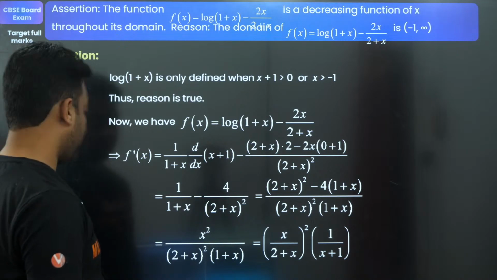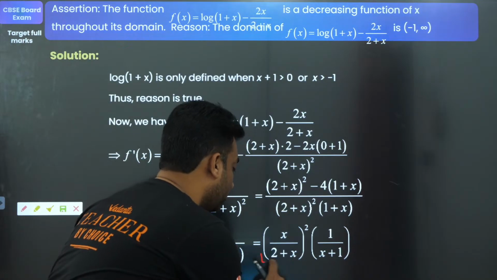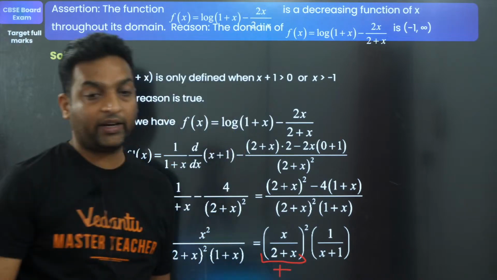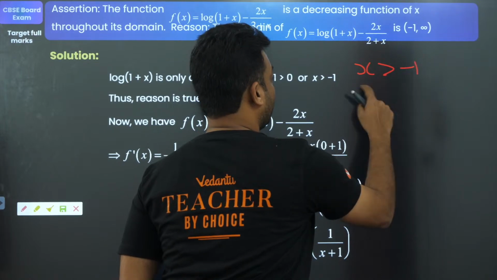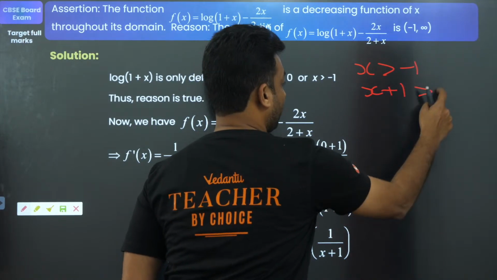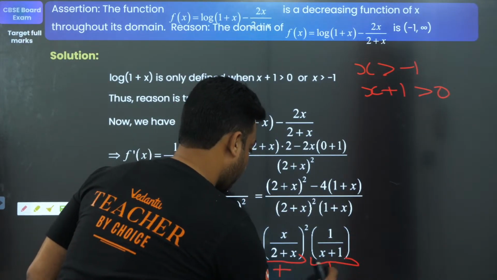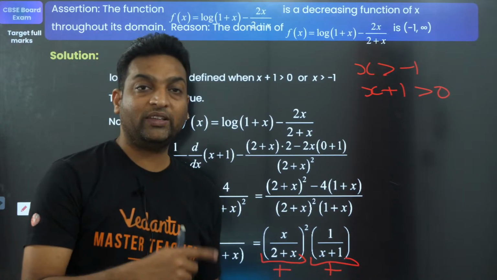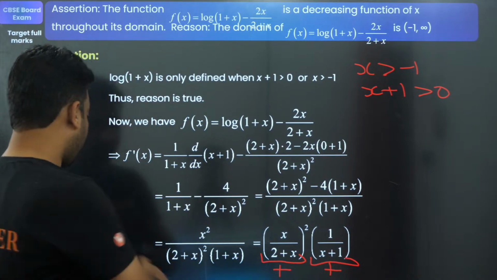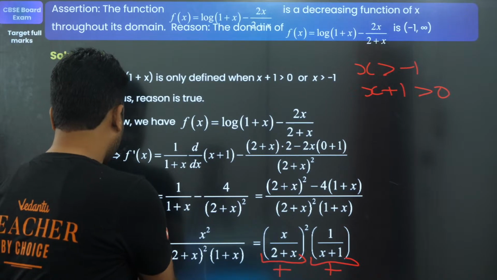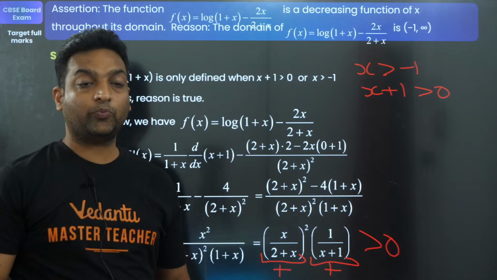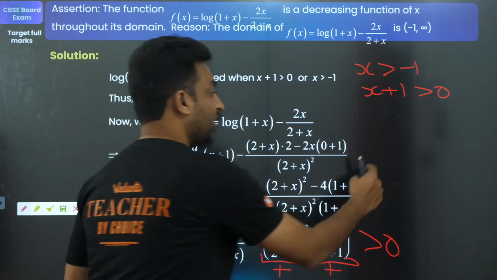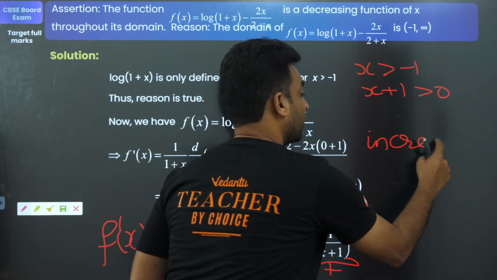Because of the whole square. A whole square can never be negative. And we know that x is greater than minus 1, so x plus 1 is also positive. So this expression is positive into positive, positive. Hence f dash x is always positive. Hence this function is an increasing function.